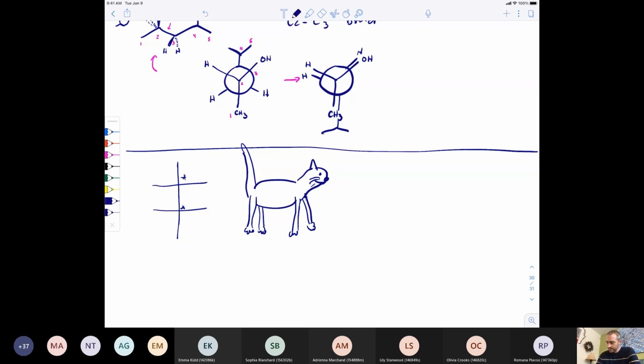Okay, so this cat is a little bit shaped like a molecule. It has a group that's up, a group that's up.